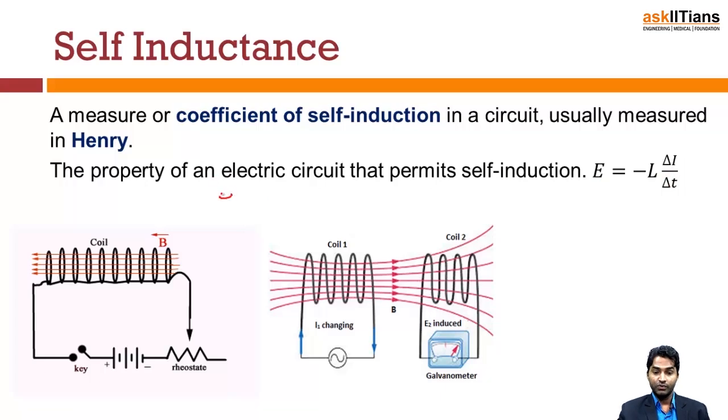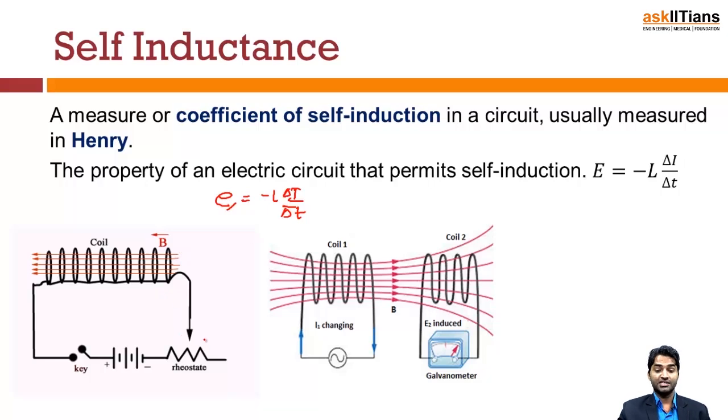So EMF produced is equal to minus L into del I upon del t, meaning the current is changing with respect to time t. It's just the EMF across it. So we can say, when we use a rheostat, which is a variable resistance connected across this battery, and this is a key, when we allow electric current to pass through this, magnetic lines of force are produced.